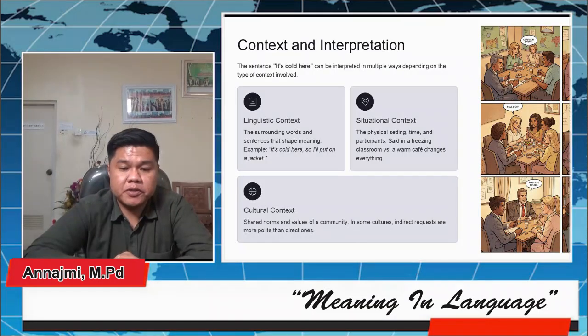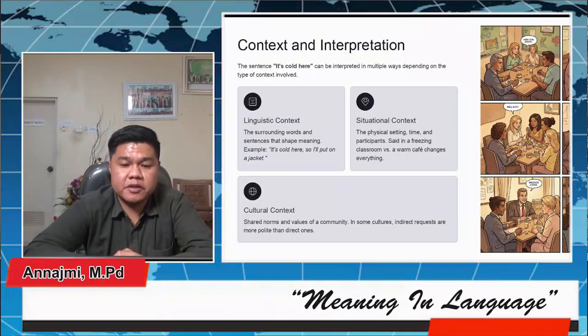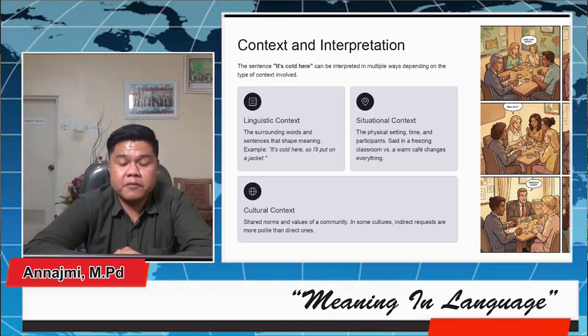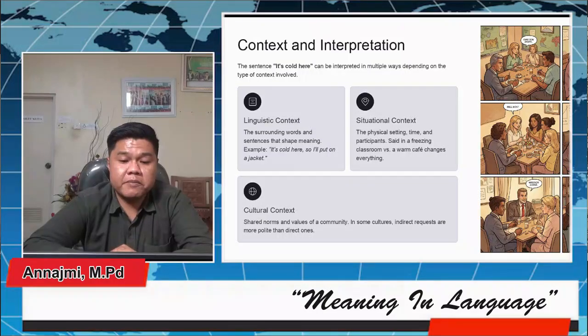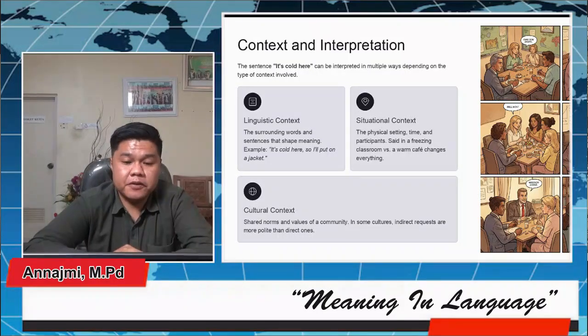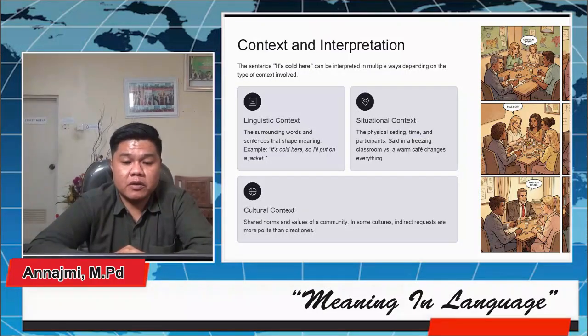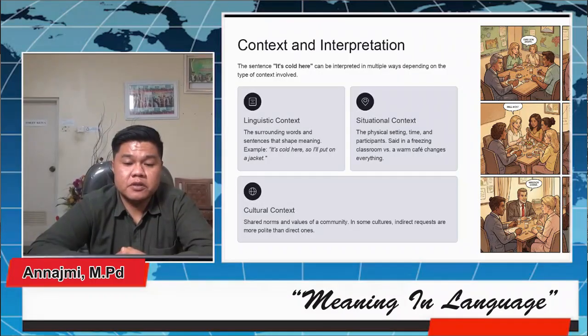Perhaps the most important idea in today's lesson is the role of context. The sentence, "It's cold here," can have different meanings because context influences interpretation. There are three important types of context. The first is linguistic context, which refers to the surrounding words and sentences.